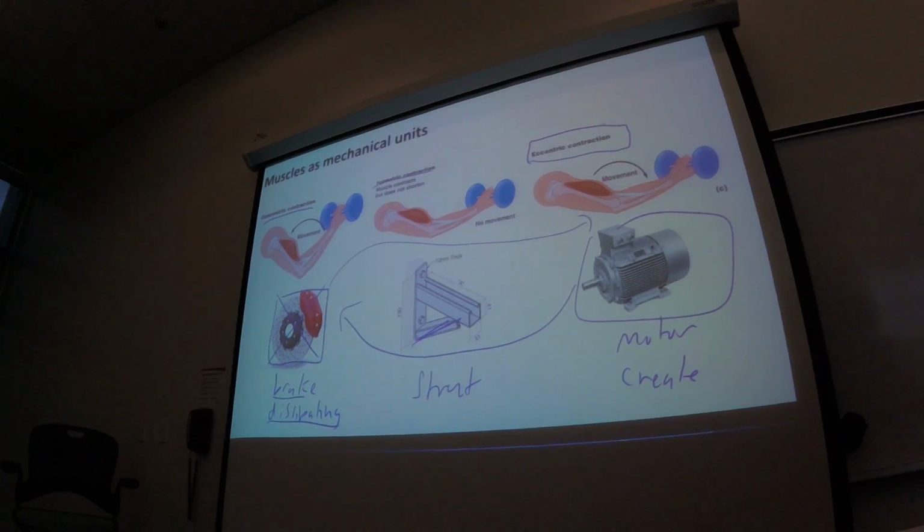Yes? For the concentric and the eccentric, is there a direct correlation with the antagonistic muscle as well? Usually not. When you have an antagonist muscle, usually you inhibit its contraction. So that antagonist muscle should not be contracting. It shouldn't be doing an eccentric contraction and all that.